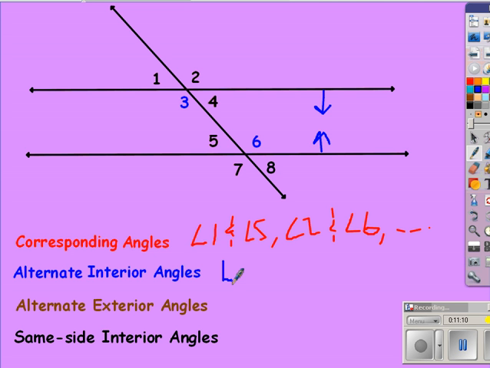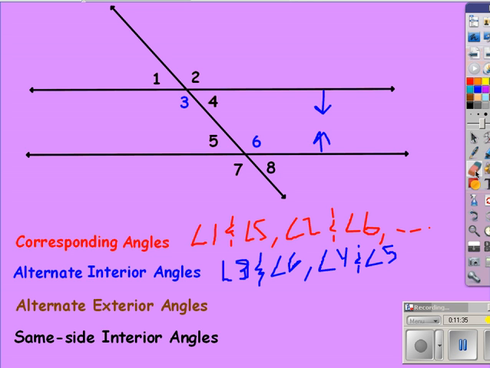So angle 3 and angle 6. The other set of alternate interior angles is going to be angle 4 and angle 5.